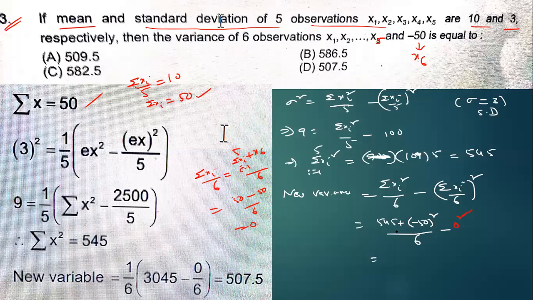So the answer is 545 plus 2500 by 6, which is 3045. The option is D.